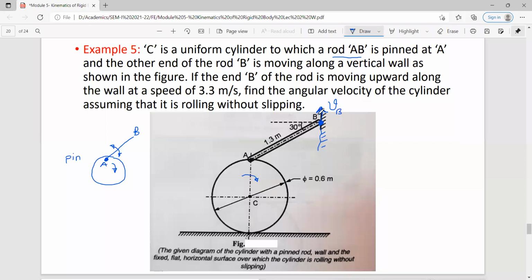It is just resting on the wall. There is no fixed connection over there. I hope you are getting how the motion will take place.